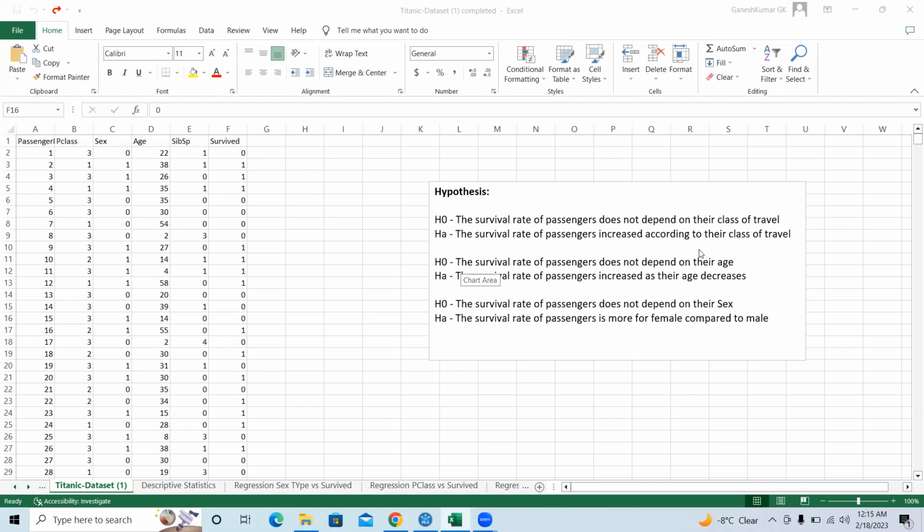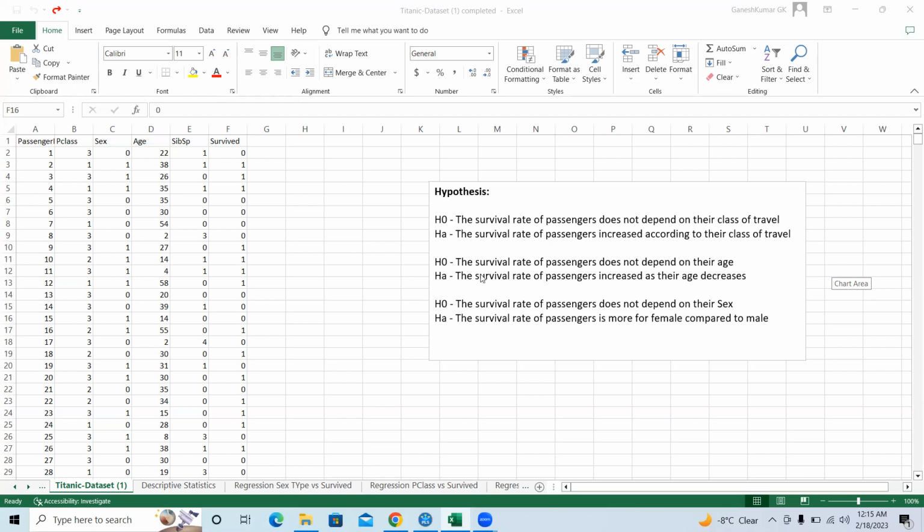In case of an emergency, they are given the most priority and all kinds of facilities to save their life. And as the class of travel goes from one to three, the facilities and priority given to the passenger decrease. I'm proposing that this is there in the data. That is my first hypothesis.